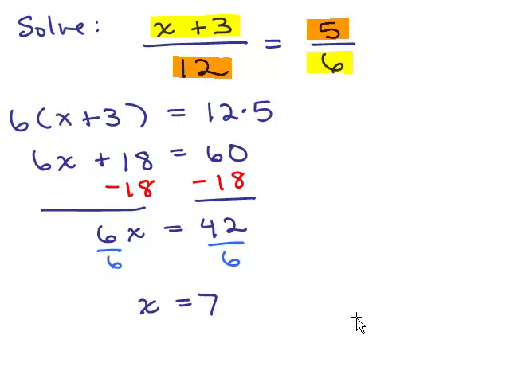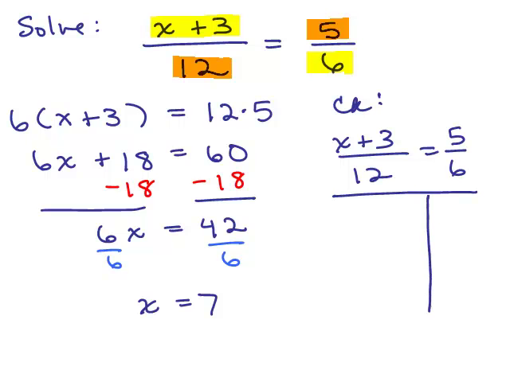Okay, so we're going to take the original problem to check it. The original problem was x plus 3 over 12 equals 5 sixths. And we're just going to plug in 7 for x. All right, so on the left-hand side, that gives me 10 twelfths, which reduces to 5 sixths.